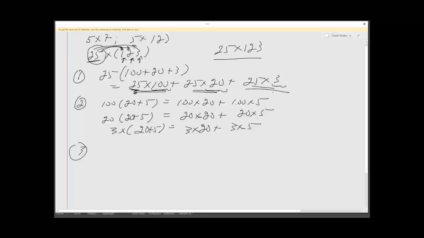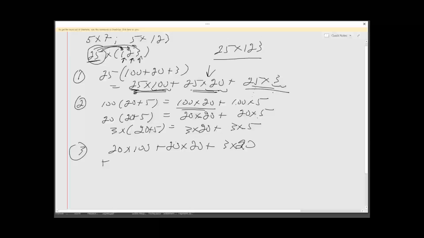pattern. Notice what we have here. We have 20 times 100. I'm actually working down this way. So I have 20 times 100 plus 20 times 20 plus 3 times 20.